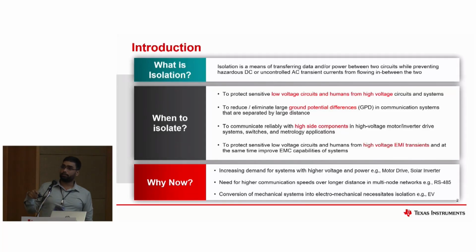As I said, RS-485 is one classic example, where you communicate through a multi-node system, and they are switching at Mbps speeds. So to break the ground loop here, you need to use an isolation device. And the third one is again related to electric mobility, where you have a high voltage battery system and you as a driver using your interface in the driving seat.